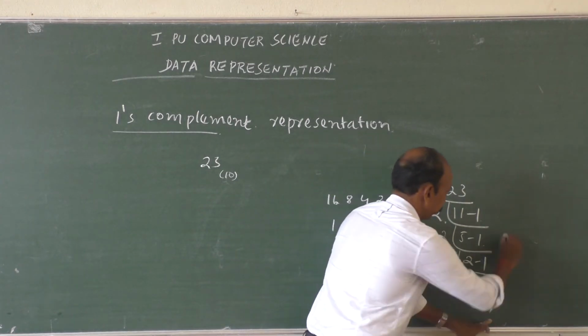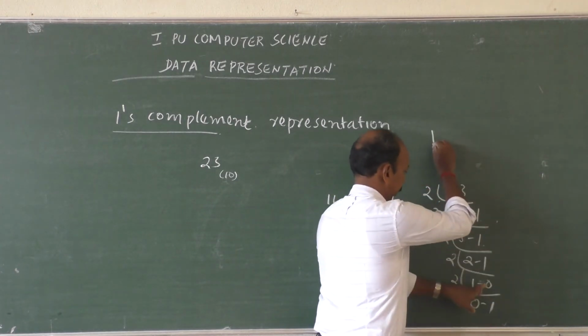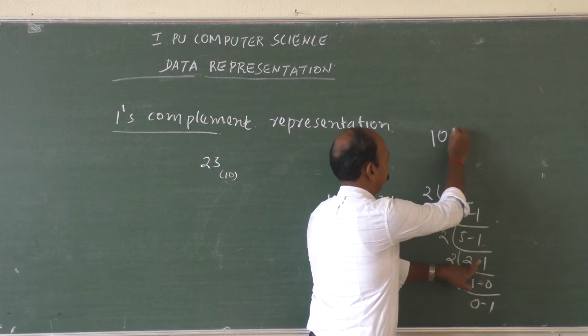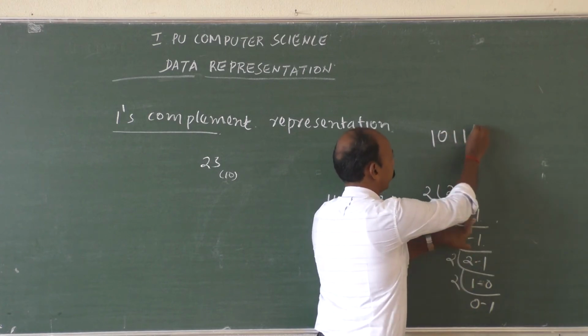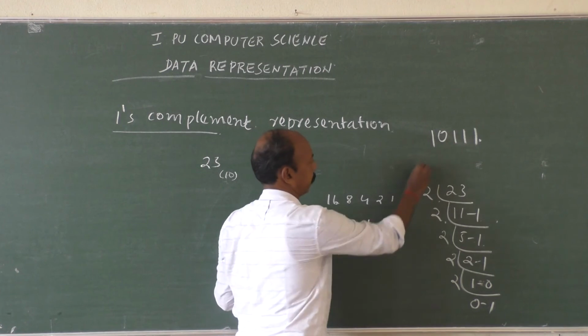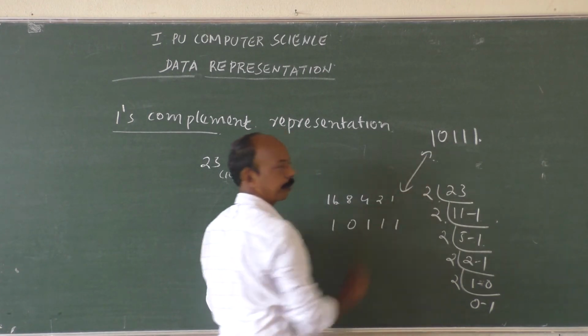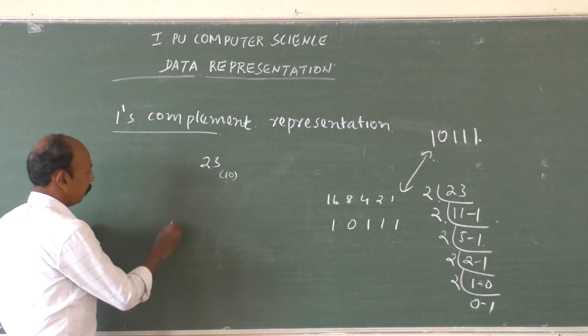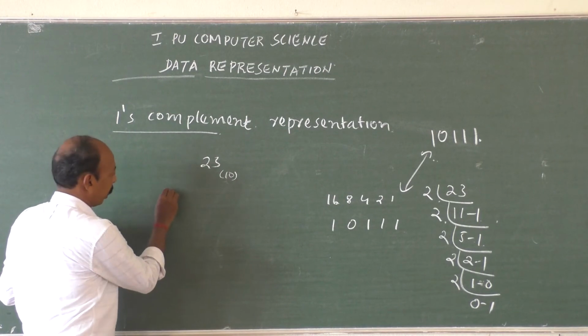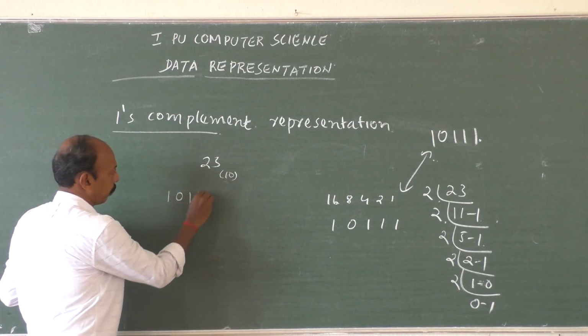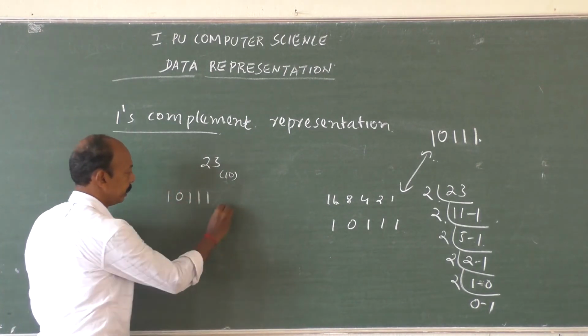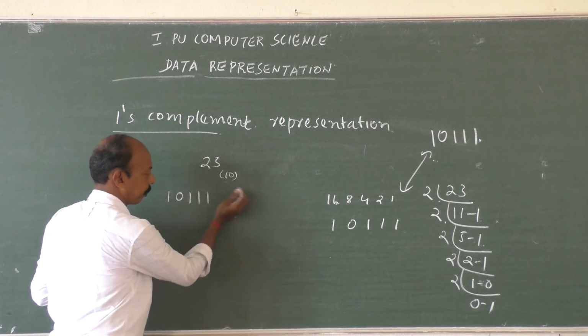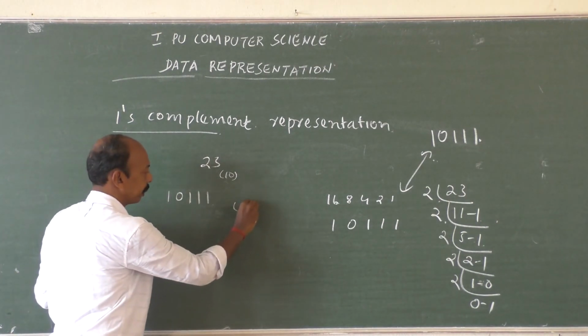So it will be 1, 1, 0, 1, 1, 1. Compare, it is the same. So that will be 1, 0, 1, 1, 1. This is in binary.